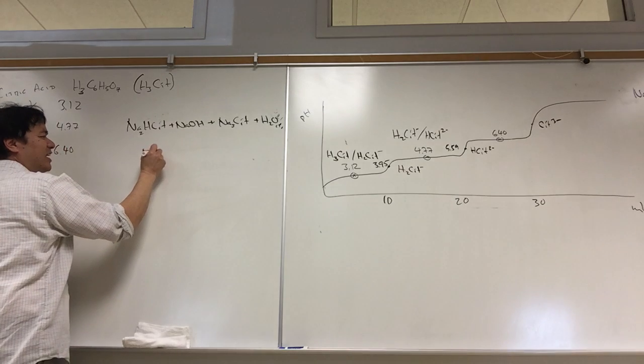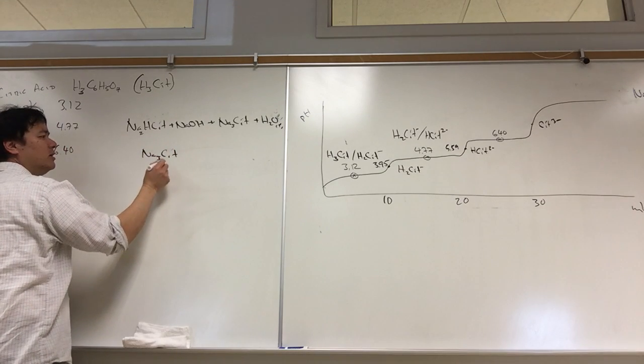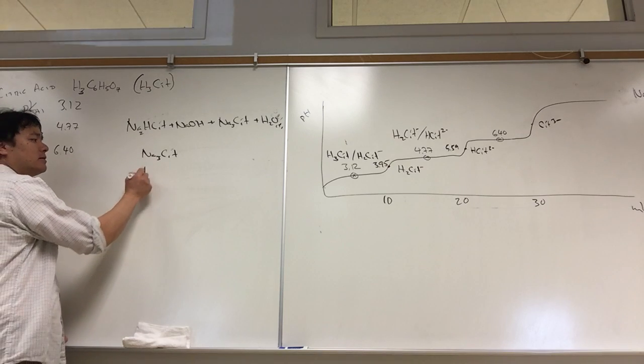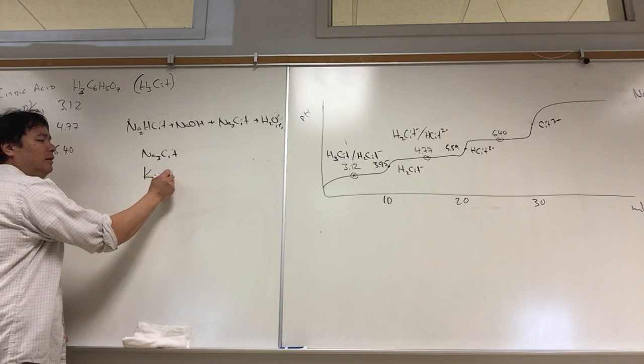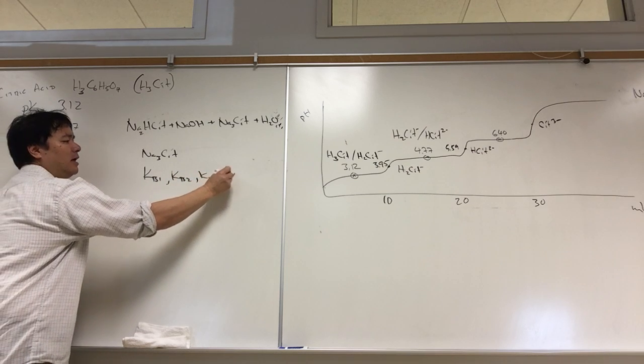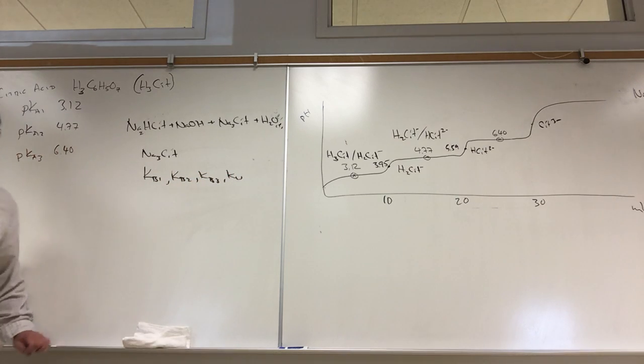Well, sodium citrate, is that amphoteric? No. This is a tribasic base. And so we've got Kb1, Kb2, Kb3, and Kw. If we want to figure out the pH, it's just a base solution. Usually pH requires what?